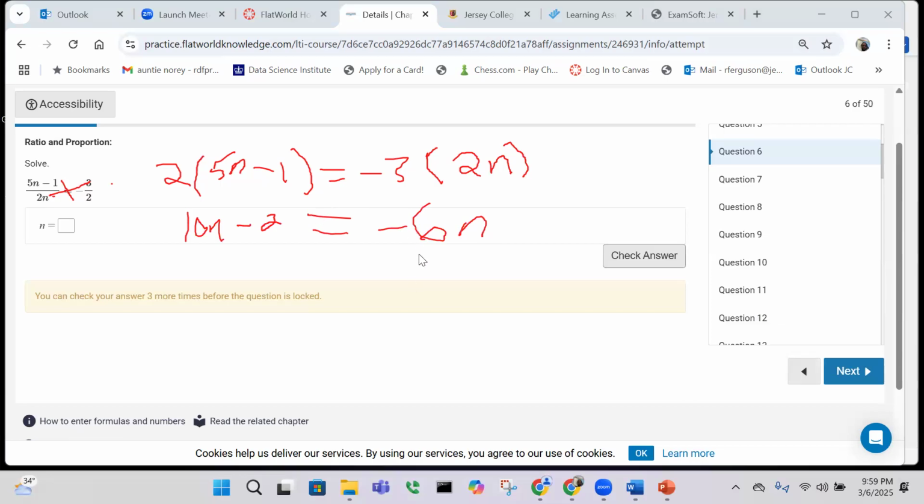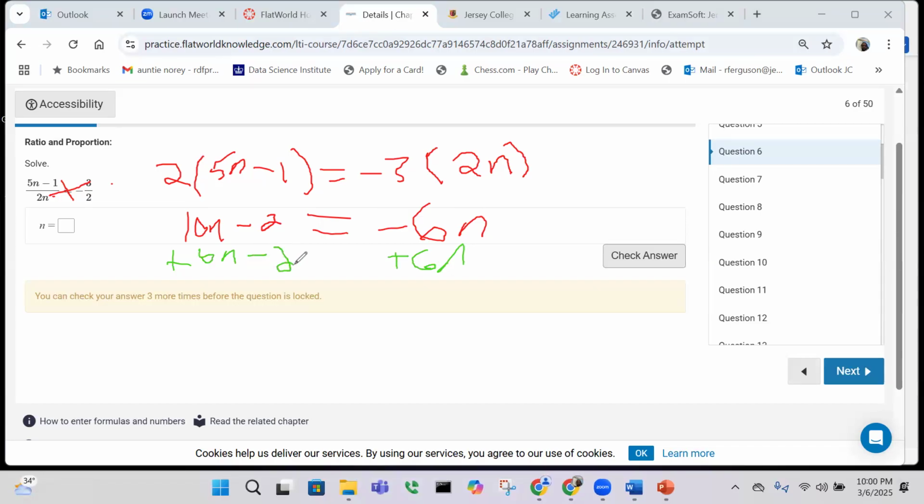So now what I'm going to do, I'm going to move 6n to this side and move 2 to that side. That means I have to add 6n on both sides. Actually, put it underneath the n. I'm going to add 6n, and then I'm going to take away 2.